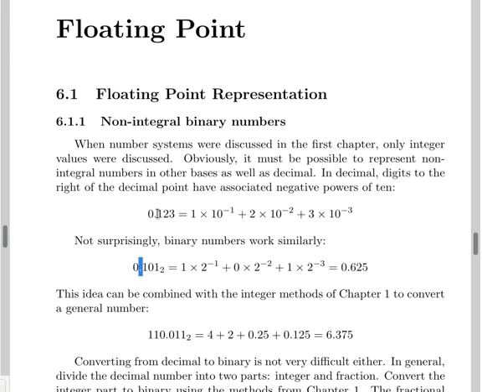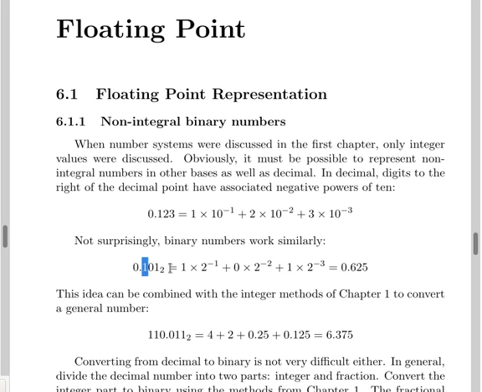So if we have a number in decimal like 0.123, that's the 1 over 10 place, the 10 to the minus 1 place. That's 2 times 1/100th, 10 to the minus 2, and plus 3 times 1,000th, 10 to the minus 3. It'll be the same with binary numbers.